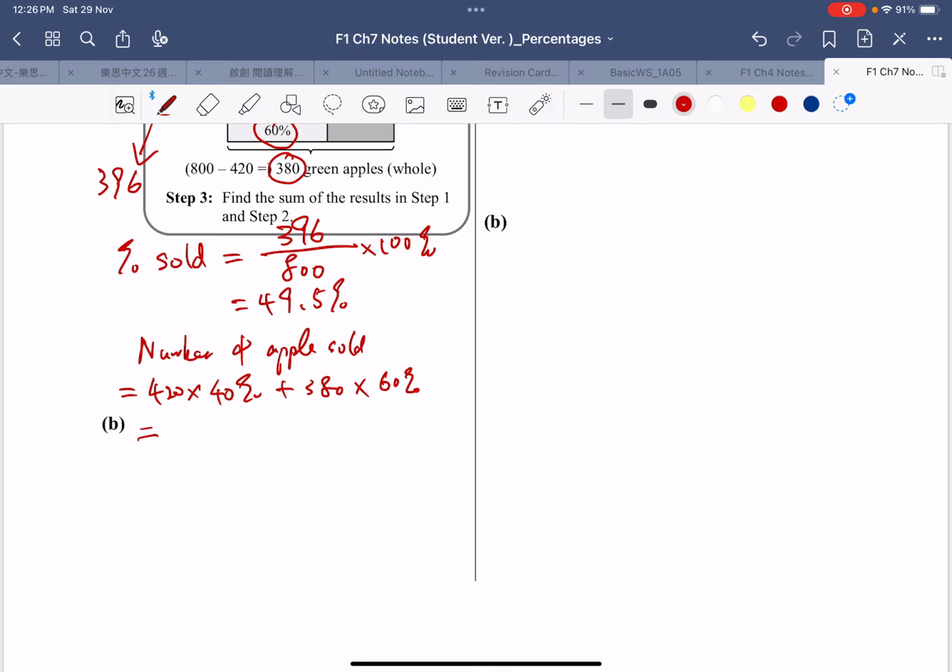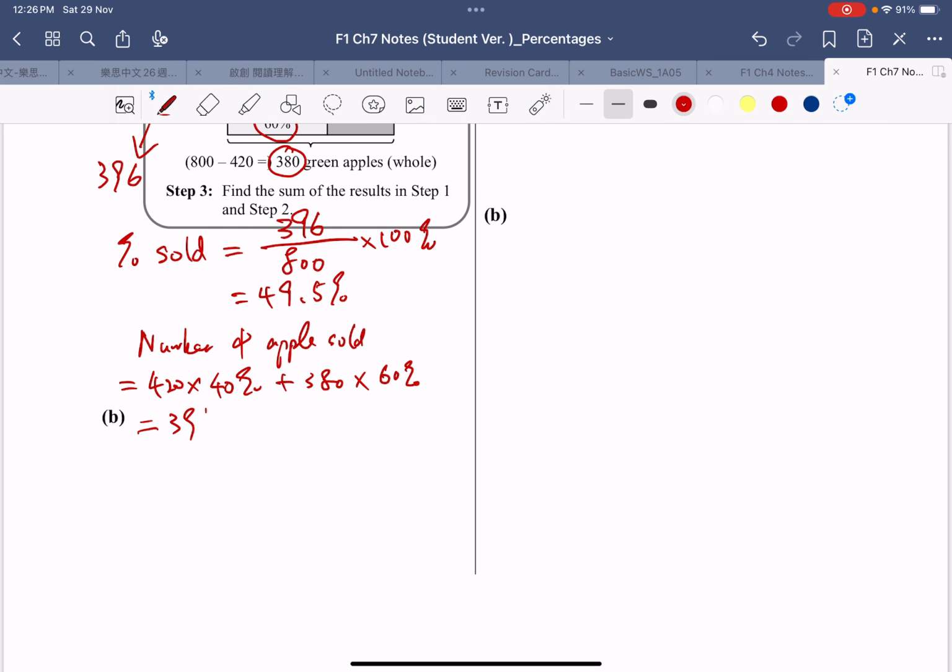You can calculate slowly, but I skip the steps. The final answer should be 396. And then part B, calculate the percentage of apples sold. Percentage of apples sold equals 396 divided by the whole times 100%, and then this will be the final answer.